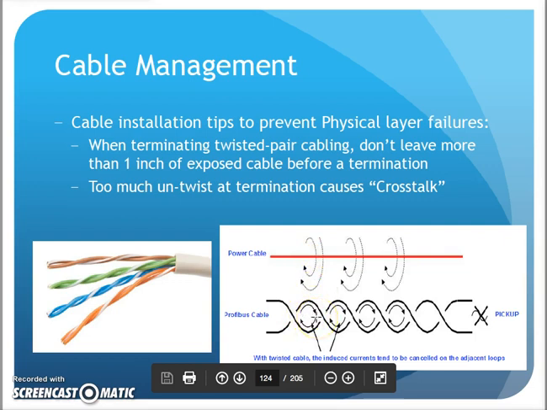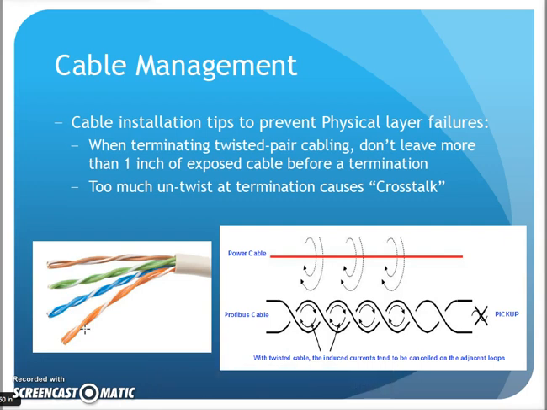These wires being twisted together do what's called cancellation. With them twisted together, any noise that it picks up goes into both wires. When it does that, the magnetic field created around one wire starts to cancel out the magnetic field on the other one.